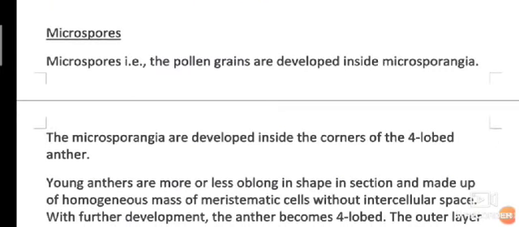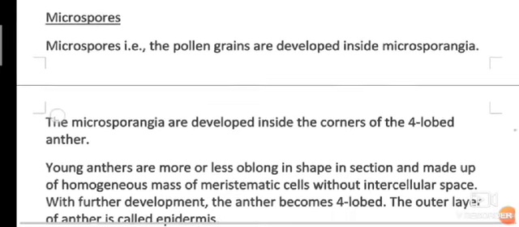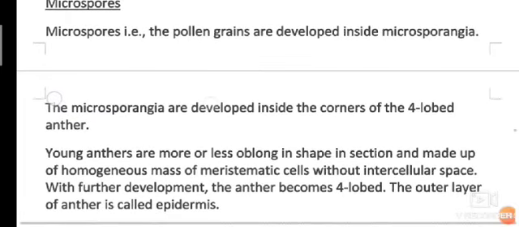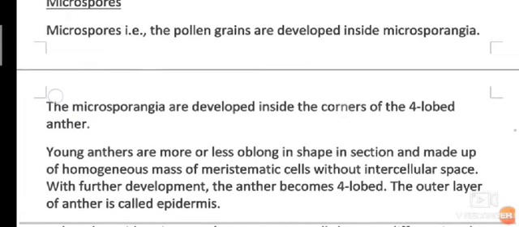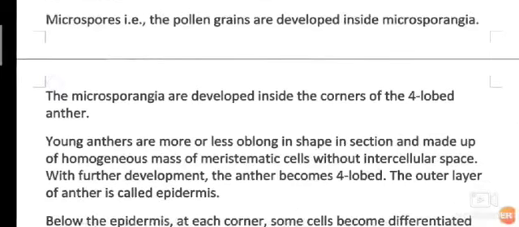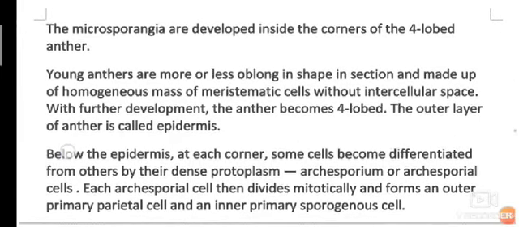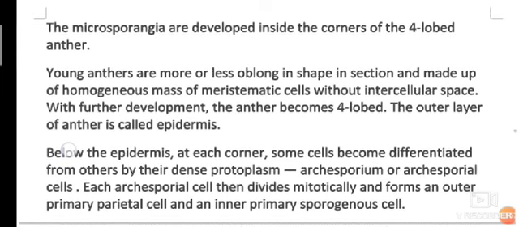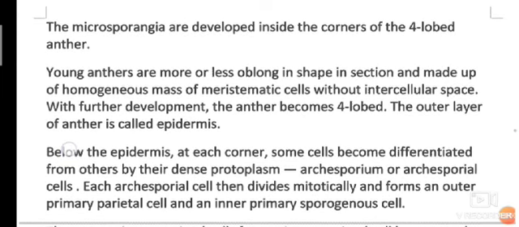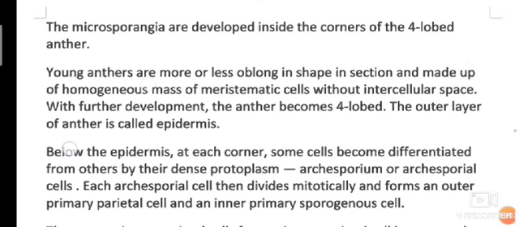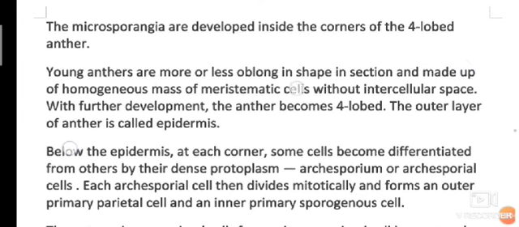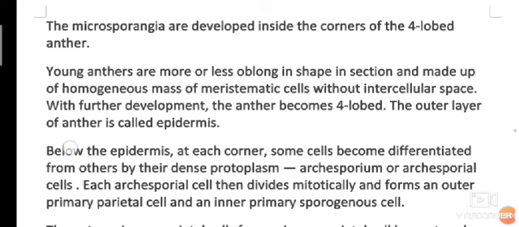Microspores. Microspores, that is the pollen grains, develop inside the microsporangia. The microsporangia develop inside the corners of the four-lobed anther. A young anther is more or less oblong in shape in section and made up of a homogeneous mass of meristematic cells without intercellular spaces.